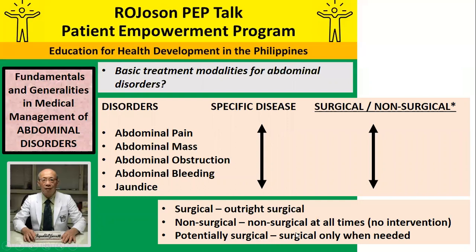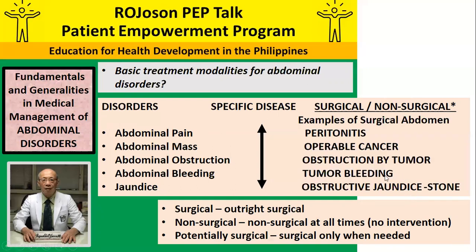And it becomes surgical only when indicated or when needed. Okay. So these are the usual treatment modalities for abdominal disorders. So surgical, non-surgical. For the surgical, you add another option, potentially surgical.